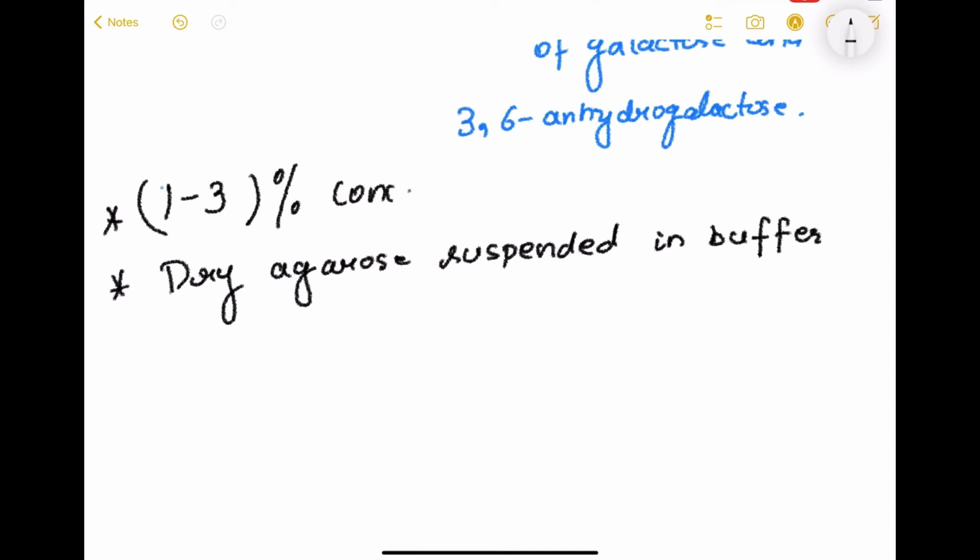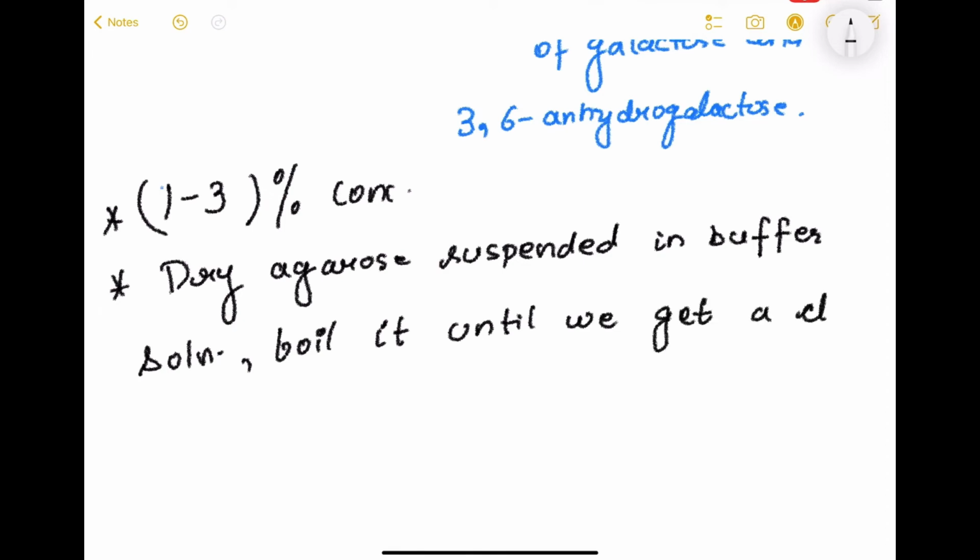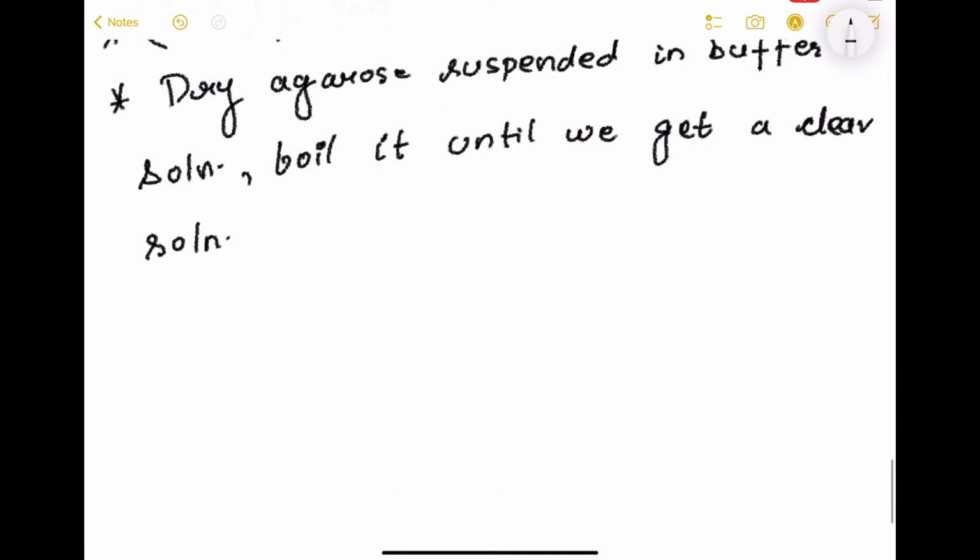We leave our dry agarose in the buffer solution and we boil it until we get a clear solution. After suspending the dry agarose in buffer solution and boiling it until we get a clear solution, we allow it to cool.